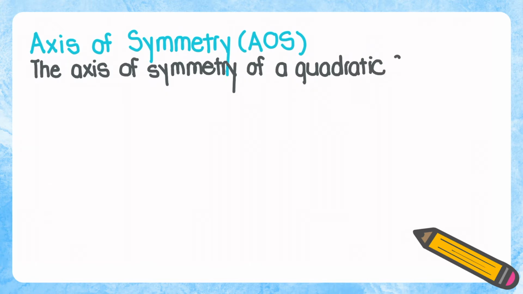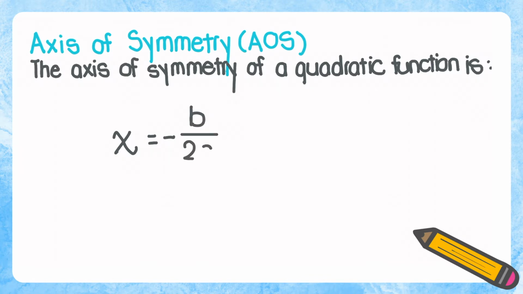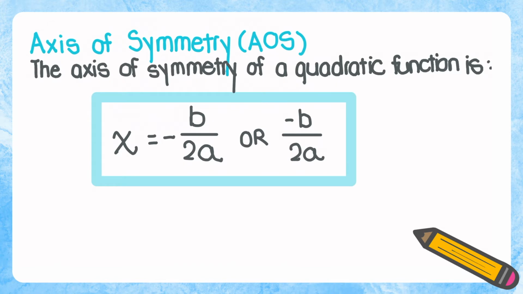So the axis of symmetry of a quadratic function, since it's a vertical line, is x equals negative b over 2a. Or we can also write the negative up here, so negative b over 2a. Notice we need the a and b values from the quadratic functions.